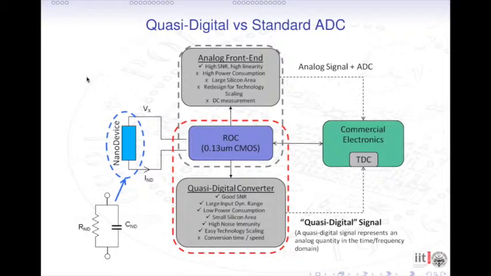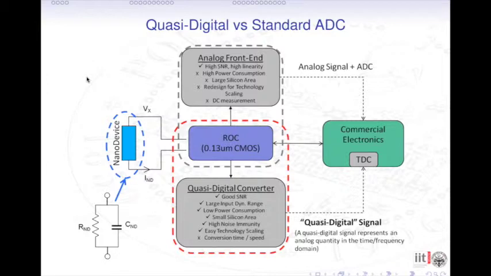But there is also an alternative approach that implies the design of quasi-digital converters. So the nanosensor current is converted to the time domain. So the output quasi-digital signal represents the analog quantity in the time domain.